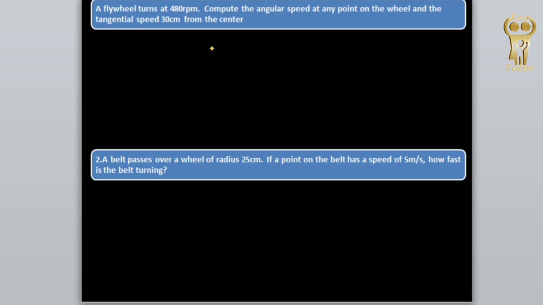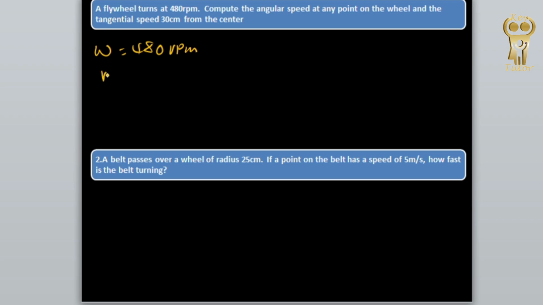rpm means revolutions per minute. Revolution per minute is the unit of what? Angular velocity. Therefore omega is equal to 480 rpm. This is given.